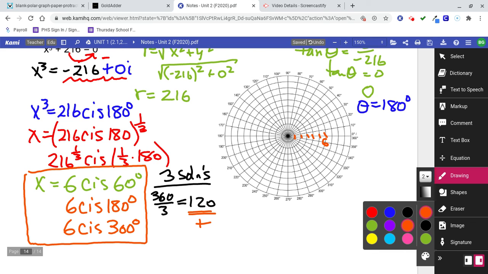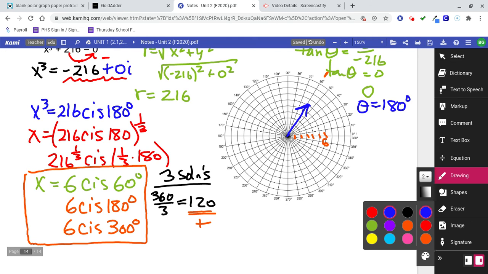But you go to where that circle intersects the angle 60 degrees right there. So I'm going to follow that circle around to 60 degrees and look at that point. That point is the end of my vector. Right there. 6 cis 60. Do not go over that arrow.